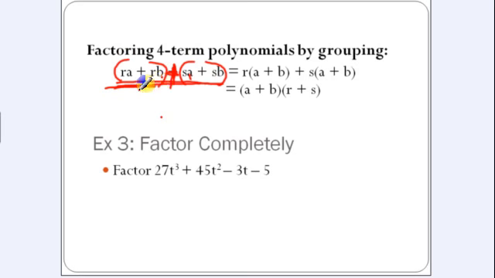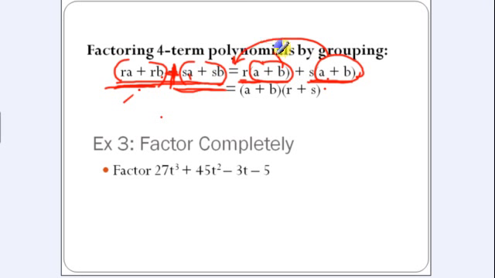Now both of these terms have an r. So I can factor out r from both terms, which is what they did right here. And we factor out r, we're left with a plus b. And then for my second group, they have a common factor of s. So we can factor out s, and we're left with, once again, a plus b. Now, notice we have a common binomial factor in both my groups, a plus b and a plus b, which allows me to factor out that common binomial factor.